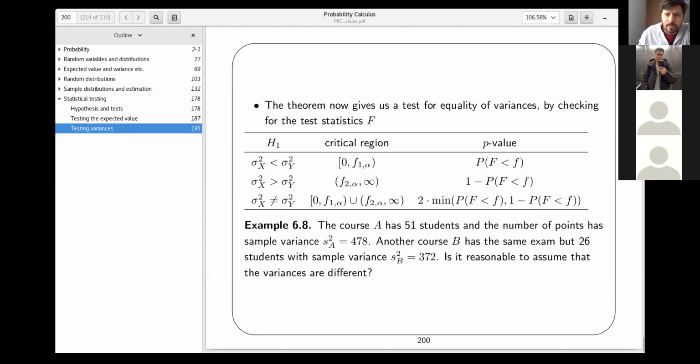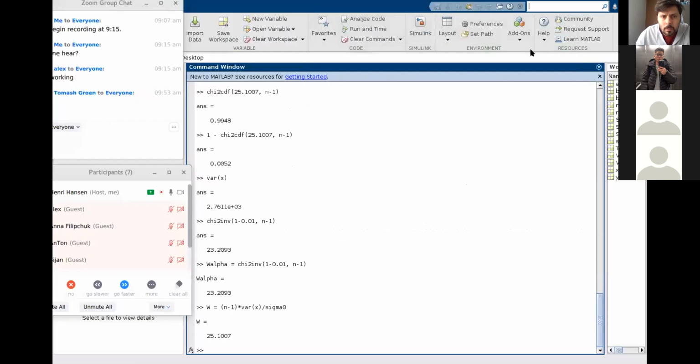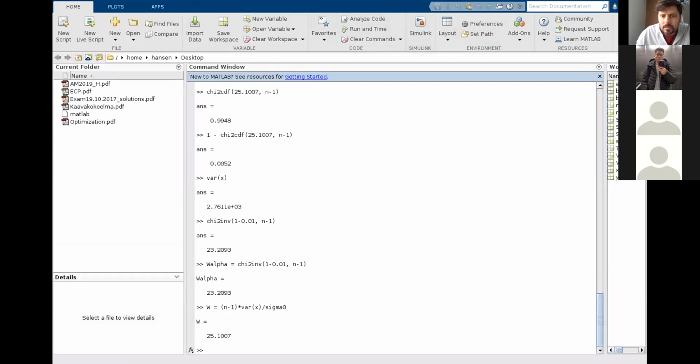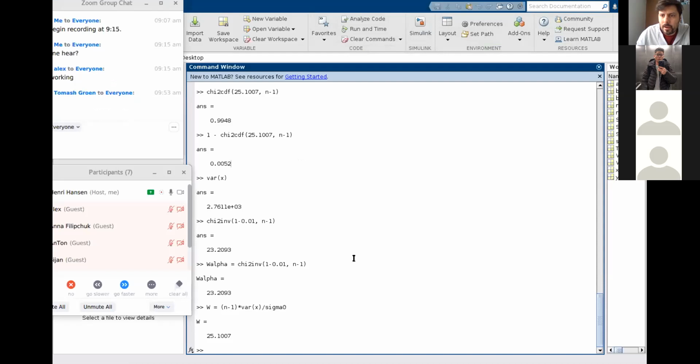Let's switch to MATLAB again, and let's do this. We have this F distribution here. Okay, so we have already established the sample variances at 478 and 300, and so we have n equal 51.